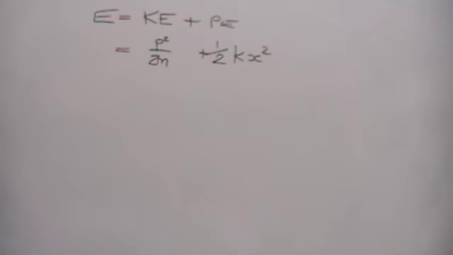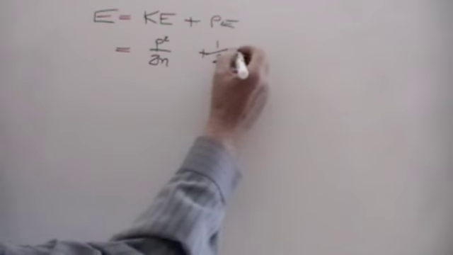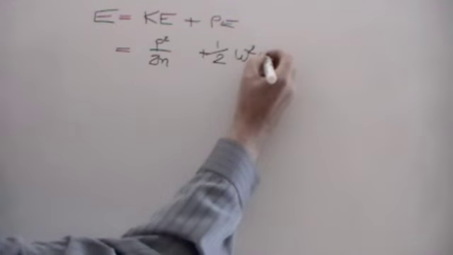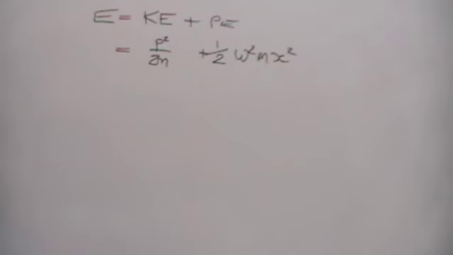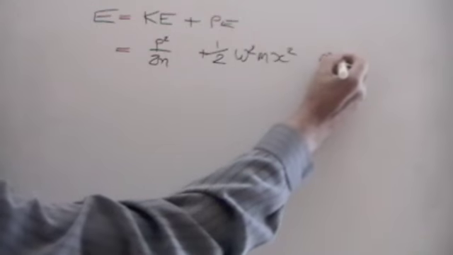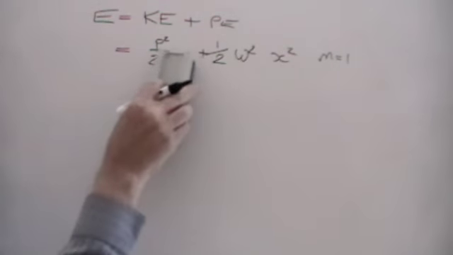And of course I can write kx squared as omega squared m x squared, because k is omega squared m, as we showed just a few moments ago. Now I'm going to set m equal to 1, just to get that out of the problem and make life a little bit easier.